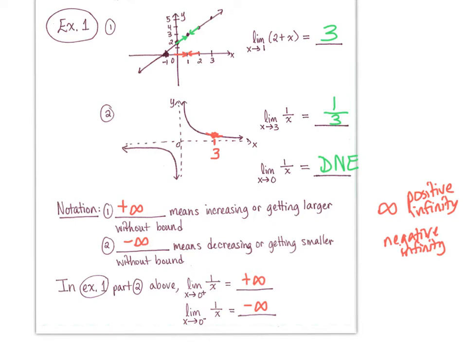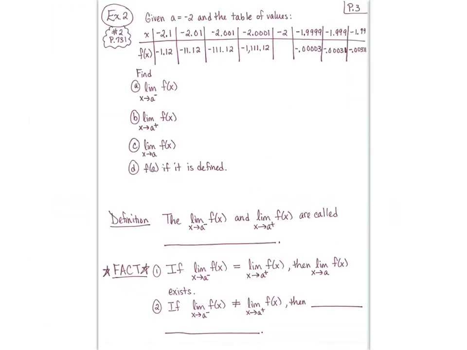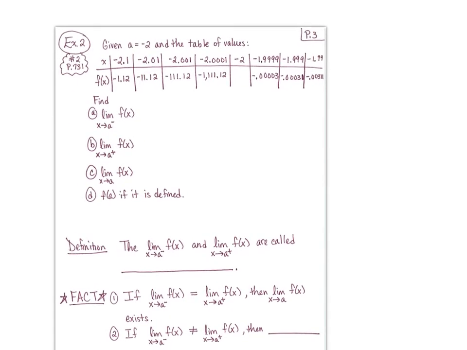Okay, good. So let's look at example 2. Given a is equal to -2, and the table of values here. In this row, I've given you x values. For f of x, I've given you the corresponding y values for a specific function.